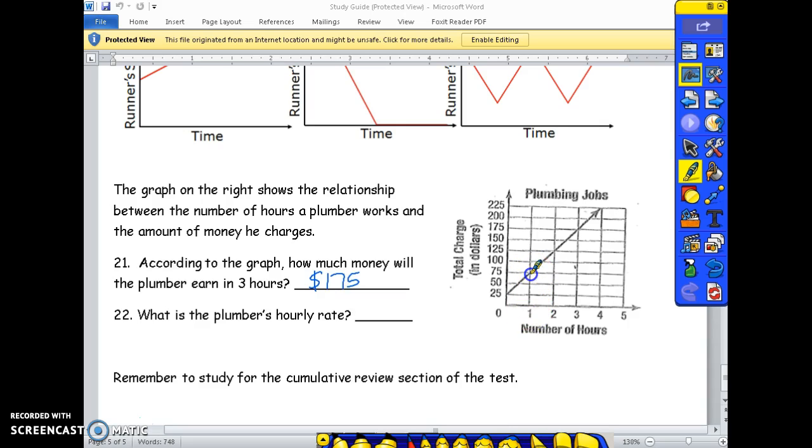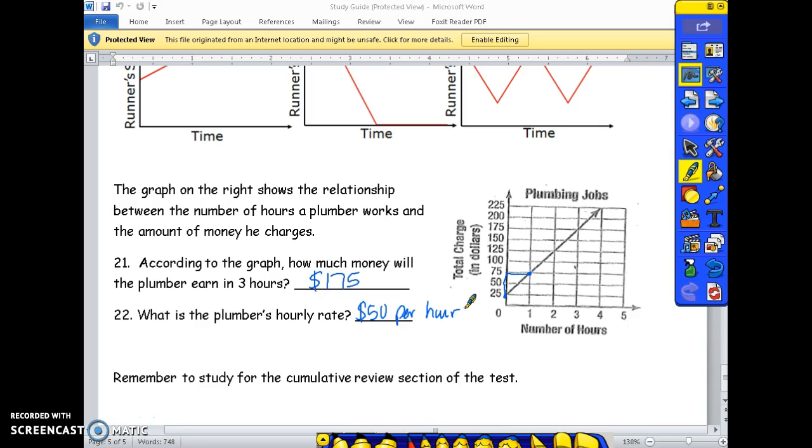After 1 hour, he's made $75, but he started off at $25. Before he does any work, he gets $25. So to get from this point to this crosshair, we're going up 50 to the right 1. So he earns $50 per hour.